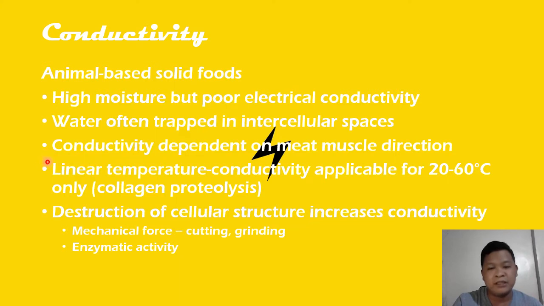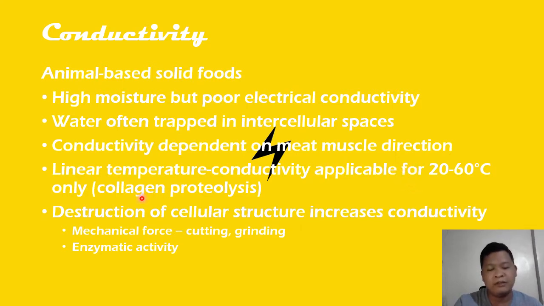And since these are mostly protein-containing compounds, na yung muscles mo are mostly protein, water, and fat, you don't have carbohydrates, you have very little ash or minerals. No? So, because protein denatures at around above 60 degrees, kung meron man siyang makitang linear temperature conductivity, usually nasa range lang siya nitong 20 to 60 degrees Celsius.